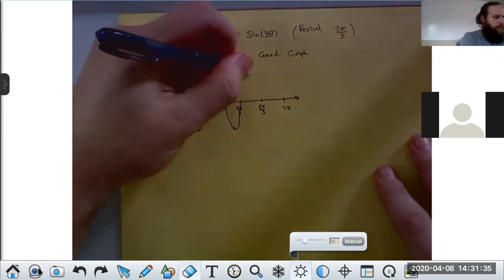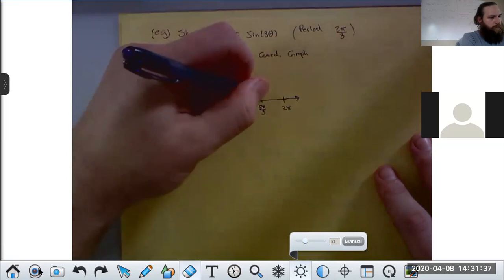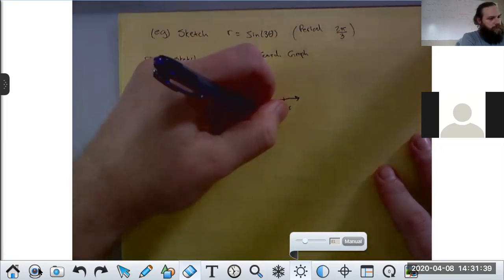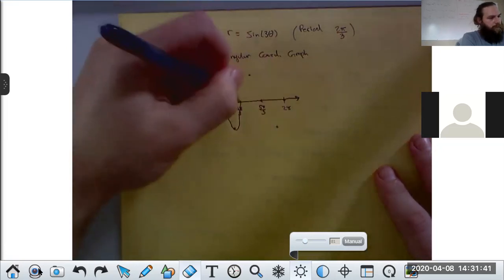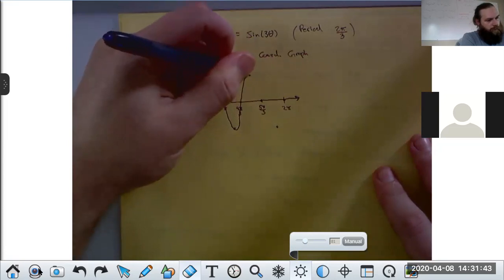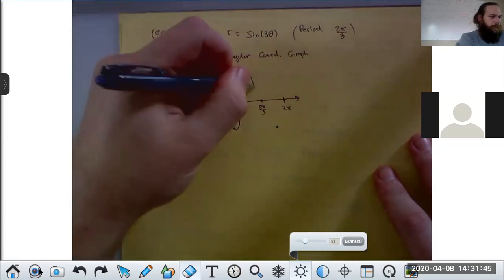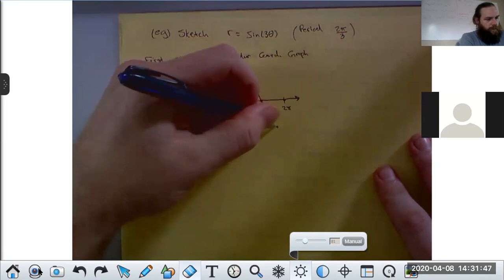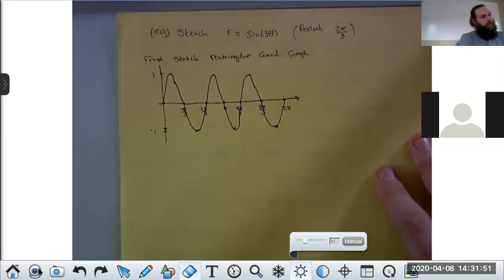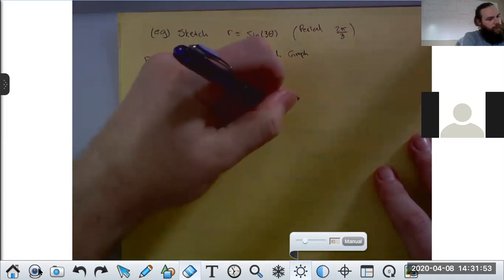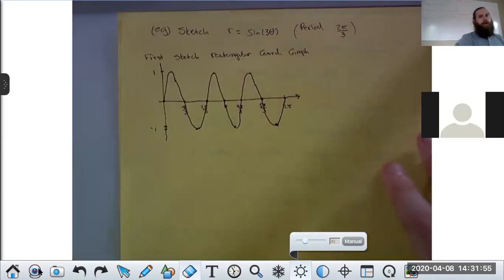And then over my next interval of length pi over 3, we go through one more full cycle. Okay. So here's the graph of sine 3 theta from 0 to 2 pi.